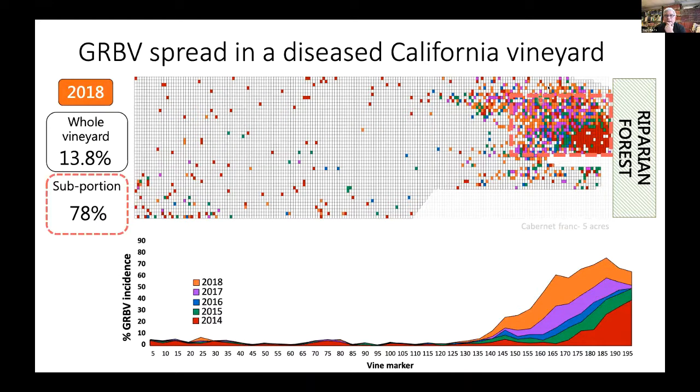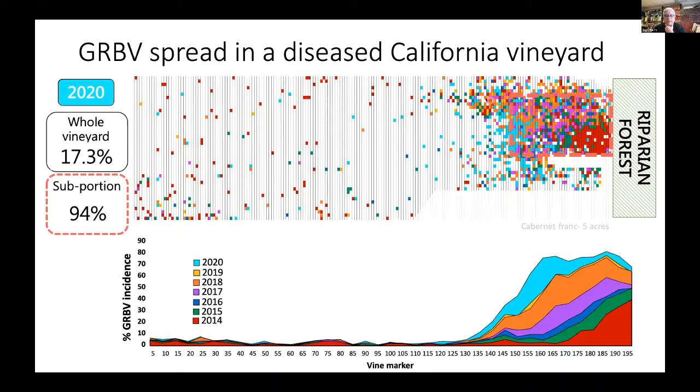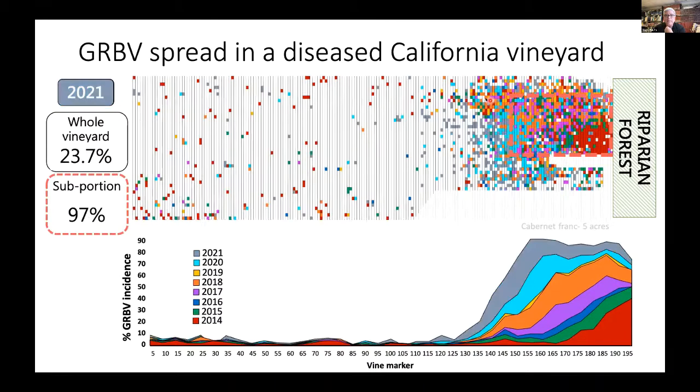Almost every vine in that area is symptomatic. And more so, the disease is starting to spread within the vineyard, away from the edge. 2019, almost no substantial increase. However, 2020, huge increase again, followed by 2021.